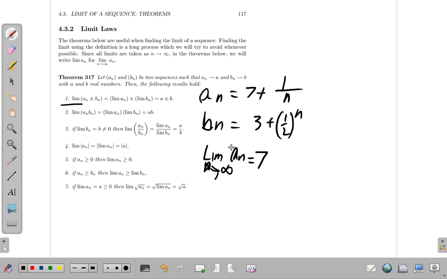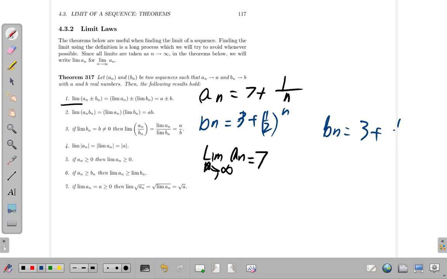Let's see the limit of bn. I said that bn was 3 plus half to the n. Let me erase this and rewrite it in another color. So bn is equal to 3 plus half to the power of n. Here, as n tends to infinity, what is half raised to the power of a large number?